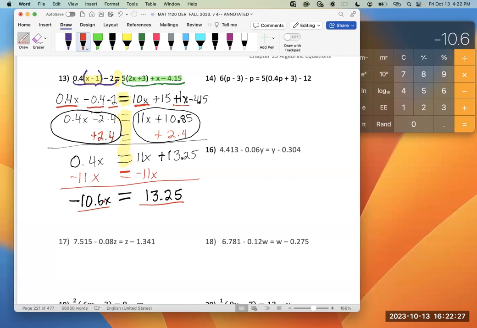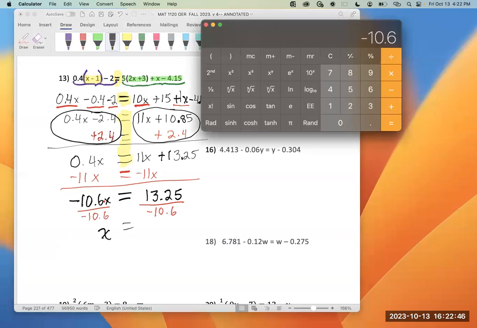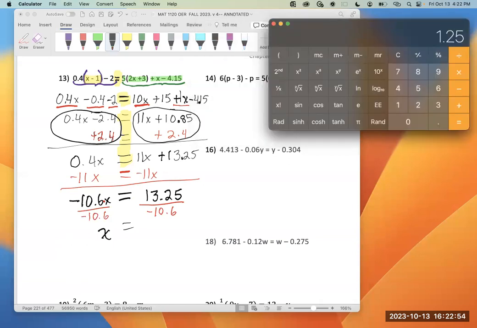What's blocking that goal is multiplying by a negative 10.6. So I choose to divide by negative 10.6. Final answer, 1.25.